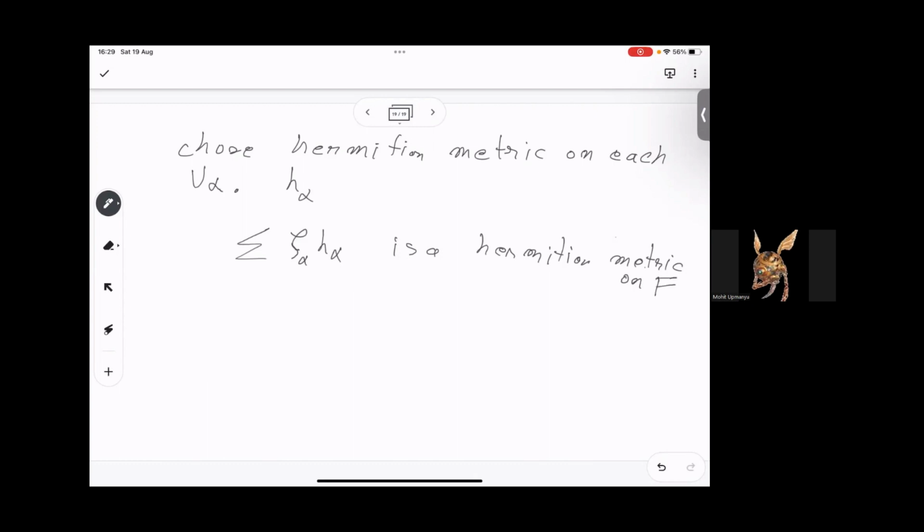Just to recall, a partition of unity is a set of functions such that summation rho alpha is equal to 1. And since summation rho alpha is equal to 1, what is really happening is we are taking a convex combination of Hermitian metrics, and that represents a Hermitian metric.